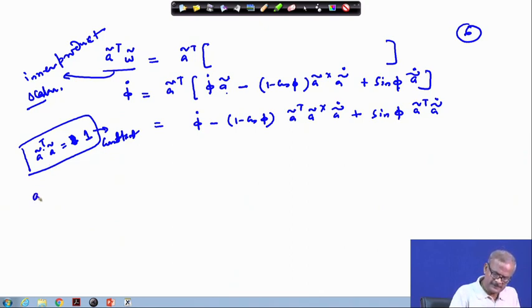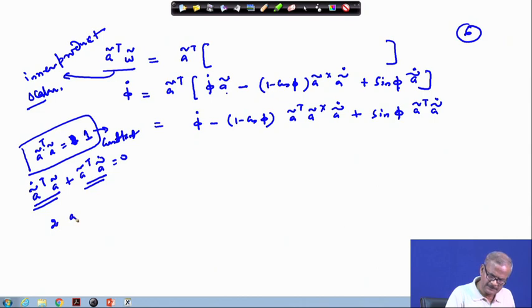If we differentiate this, this will be 0, and this is the inner product. So, what it implies is this.